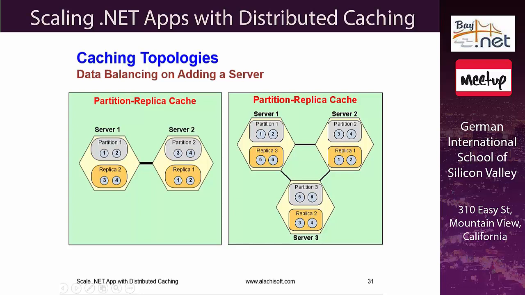And similarly, if you had a 3-node cluster and this one goes down, replica 3 becomes active because the partition is gone. But now you have 2 servers and 3 partitions. So replica 3 merges itself with partition 1 and 2. And once it's merged, it's gone. And then a replica 2 is created in its place.